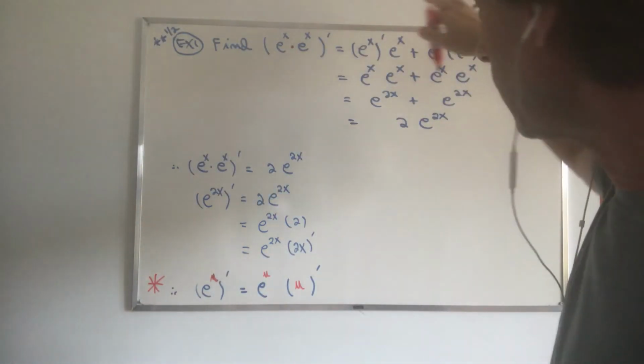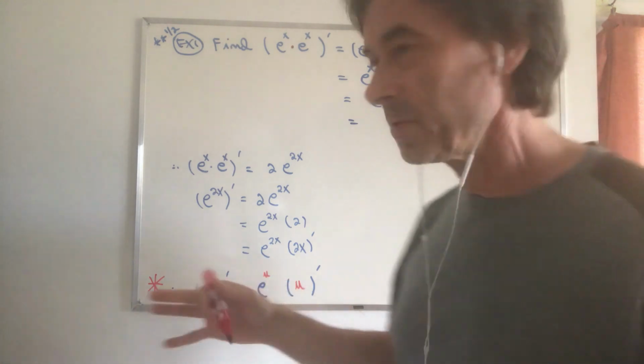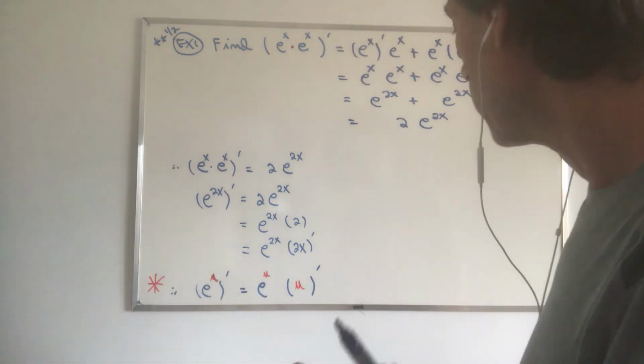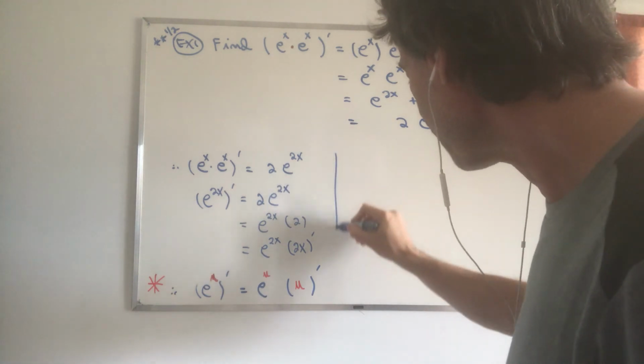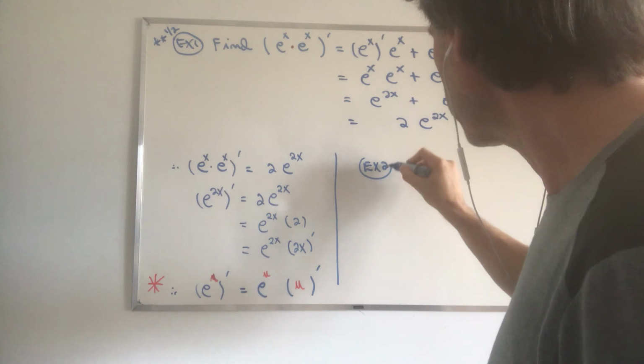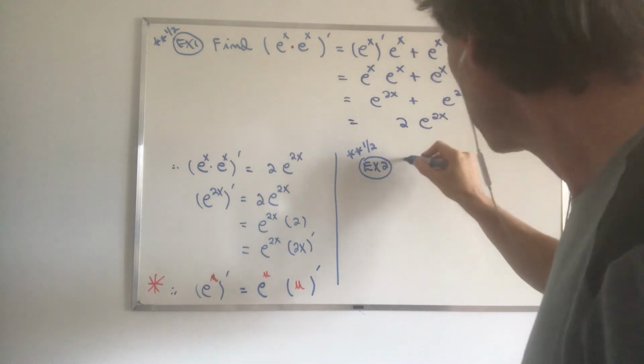The derivative of e to the x being e to the x is important, but this is even more important because it covers a larger class of functions. So quick example, example 2.